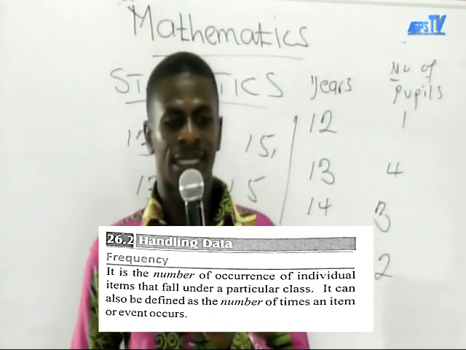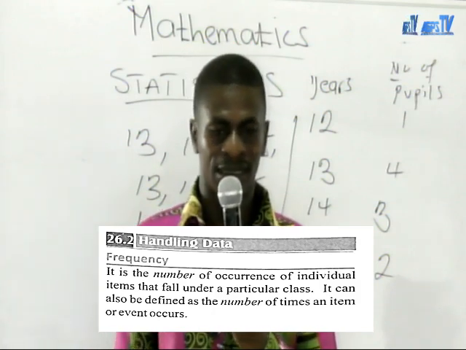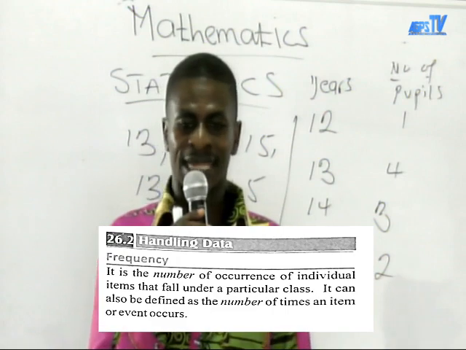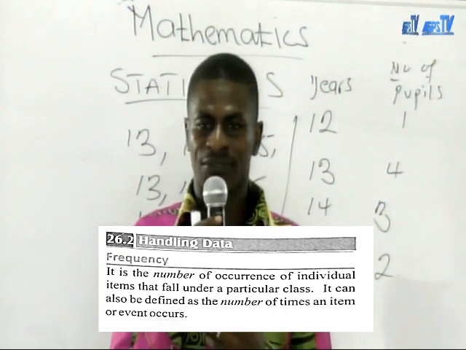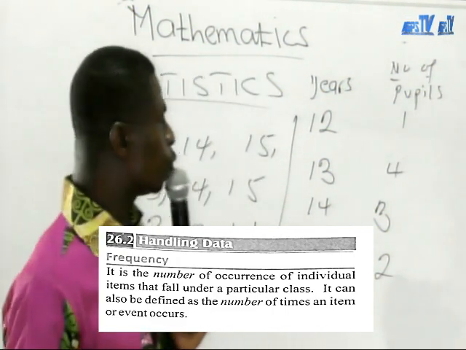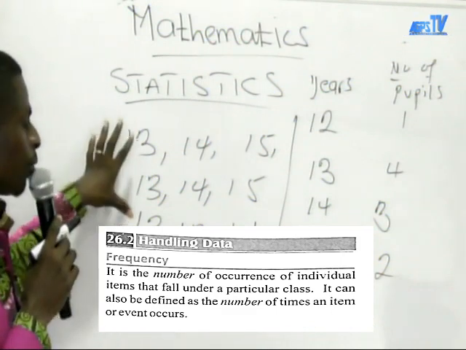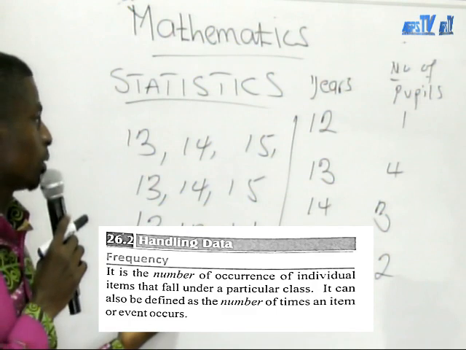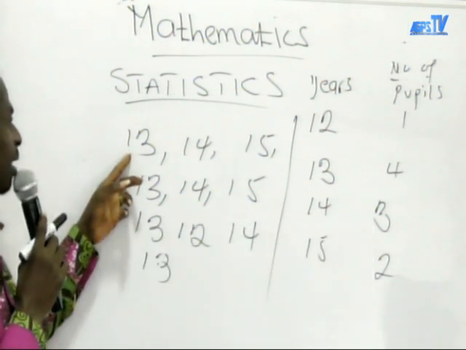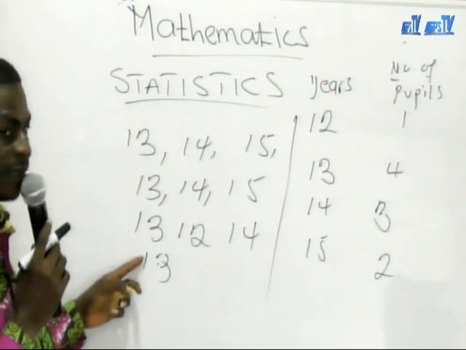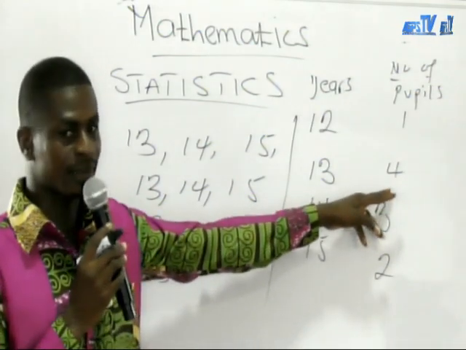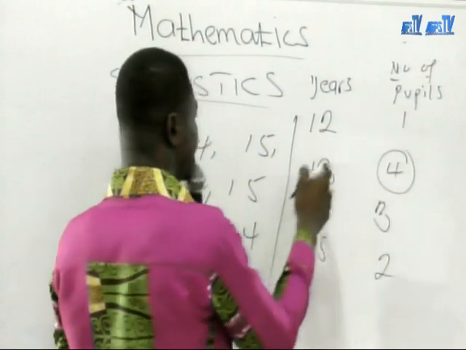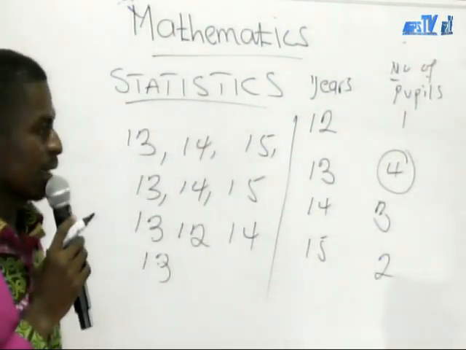And so we are saying that it can also be defined, I'm talking about the point 2, as the number of times an item or event occurs. So back on the board, I had written some data, but as you can see, I have 13 appearing 4 times. So this 4 is the number of times that 13 is appearing.